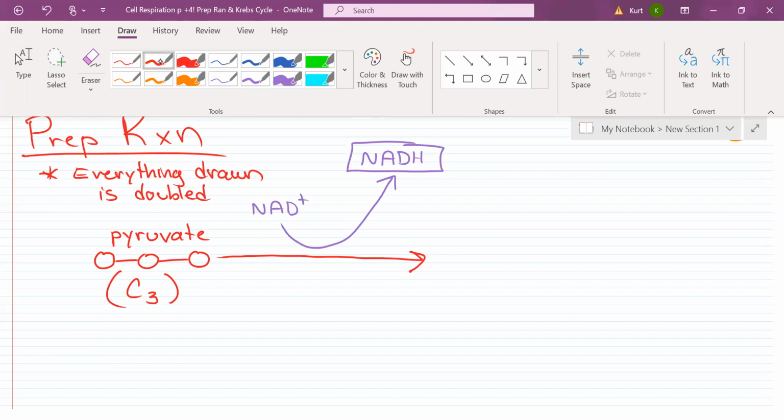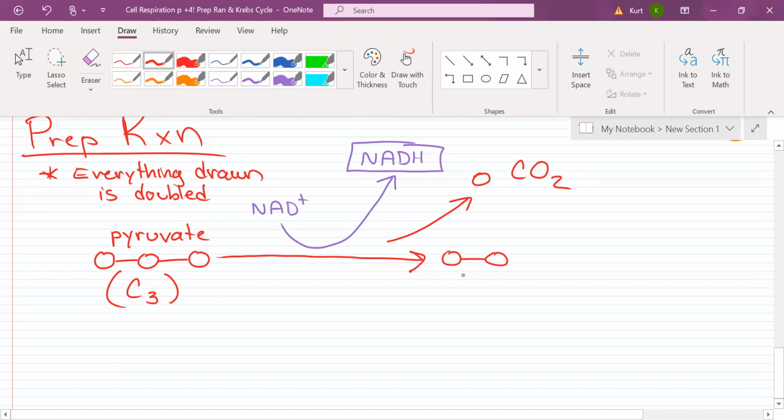So this is also going to cause a carbon molecule to come off in the form of carbon dioxide. So that's 1 carbon. You only have 2 left now. This is going to form something called an acetyl group. You could just call it acetyl. It is a C2 molecule.